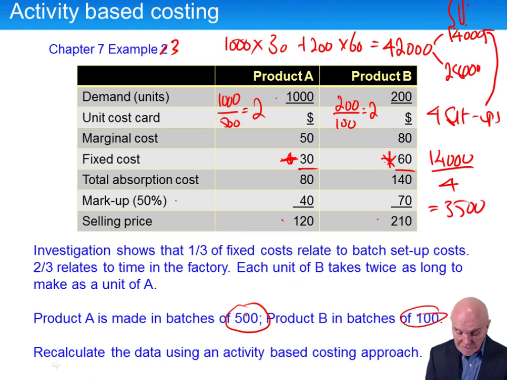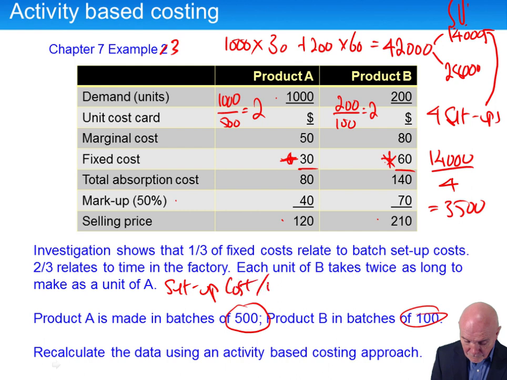So the setup cost per unit for product A here is going to be 3,500 over 500, which is equal to 7.